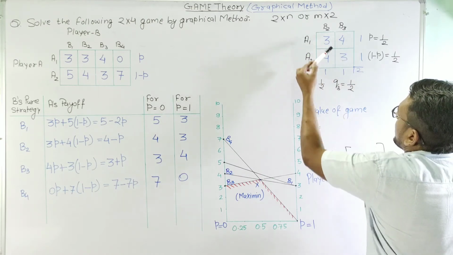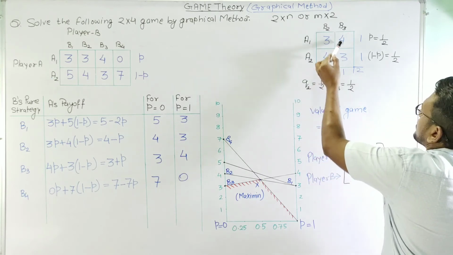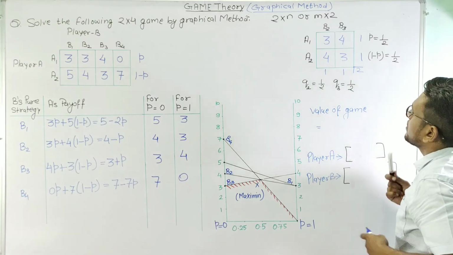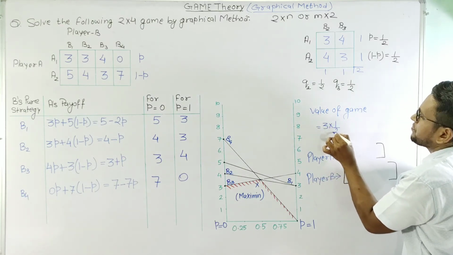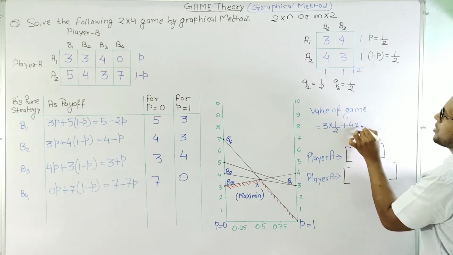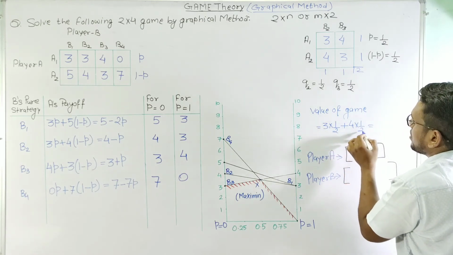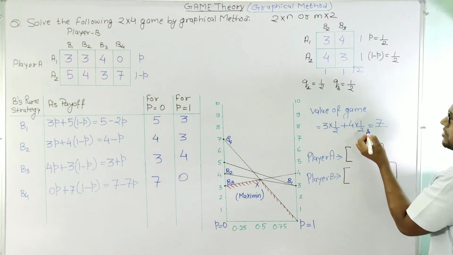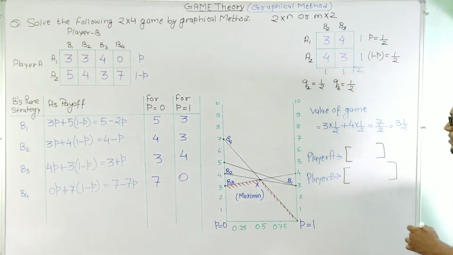This value multiplied by its corresponding probability, and this value multiplied by its corresponding probability. So this will come as 3 into 1 by 2 plus 4 into 1 by 2, which is 3 by 2 plus 4 by 2, this is 7 by 2, which equals 3 1 by 2.